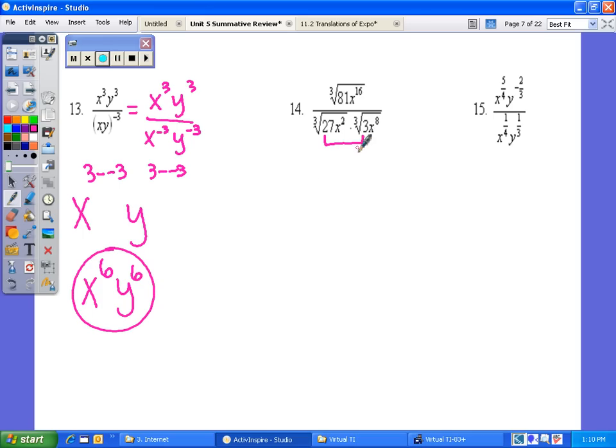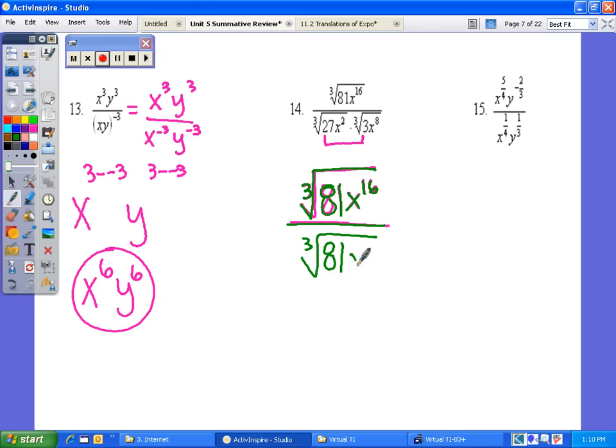Alright, we did this one in class. So when you multiply 27 times 3, trying to keep myself color-coded here, you get 81, and you can add these exponents and you get 10.